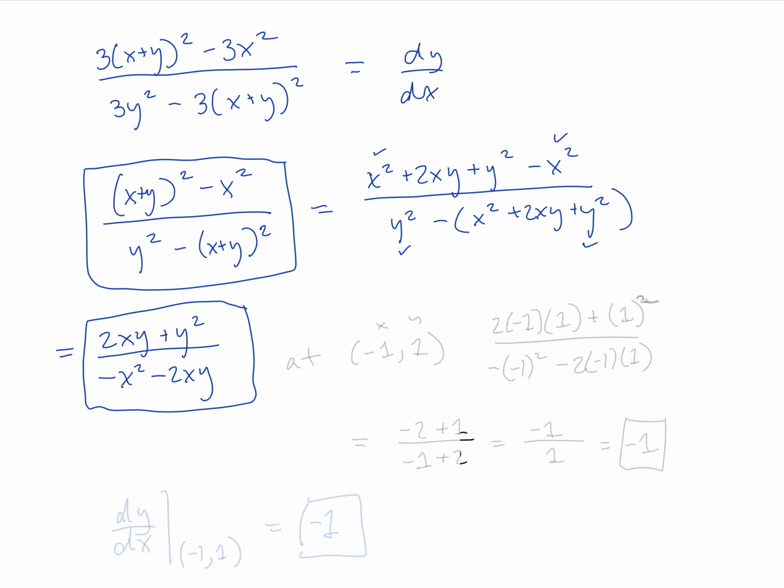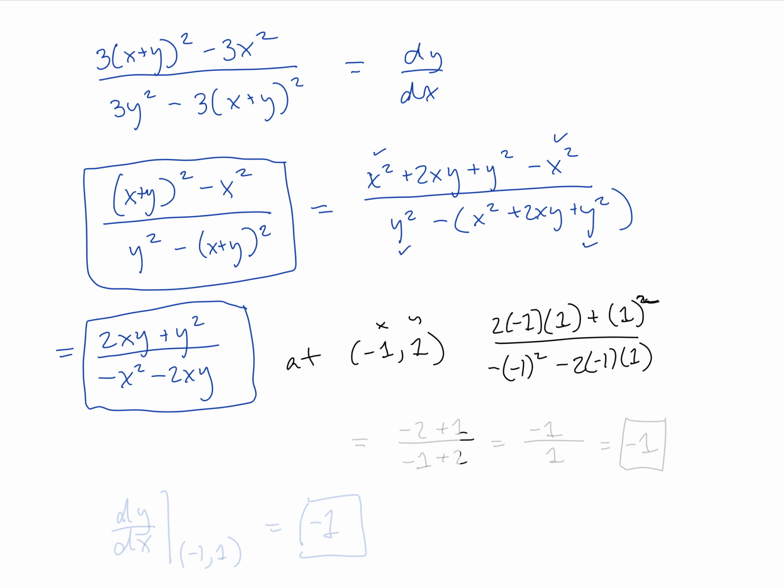Either way is fine. And we were also asked to find dy/dx at a particular point, (negative 1, 1). So at (negative 1, 1), again, we're just going to be plugging in our x value and our y value. And so we've got 2 times negative 1 times y, which is positive 1, plus y squared, 1 squared, divided by negative 1 squared minus 2 times x, which is negative 1, times y, which is positive 1.